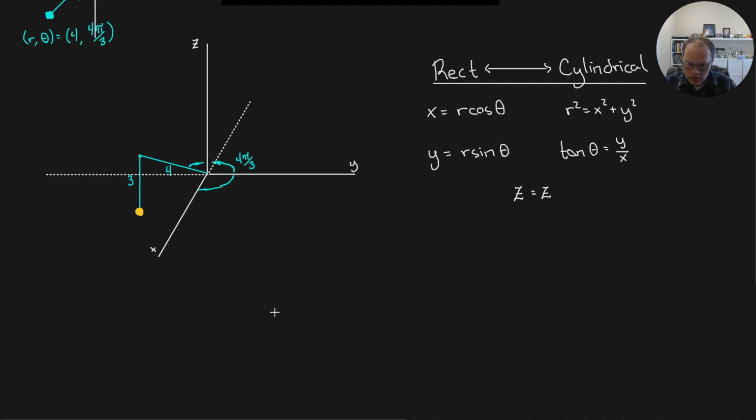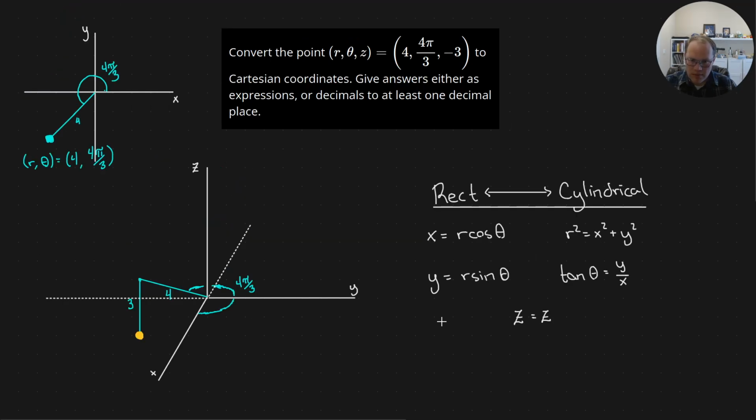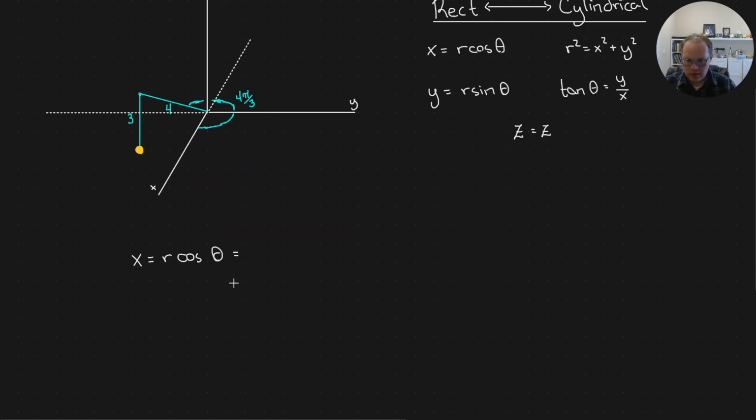So let's do x equals r cosine theta. r is 4, theta is 4 pi over 3, right? So just plug them in. 4 cosine 4 pi over 3.